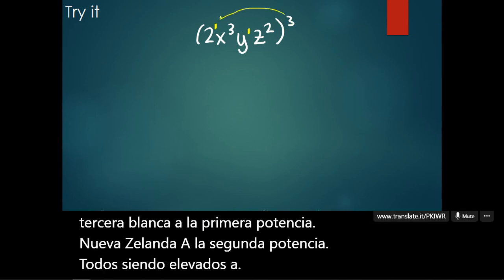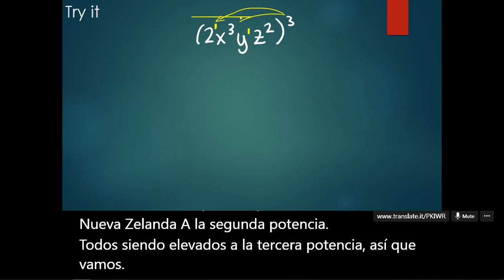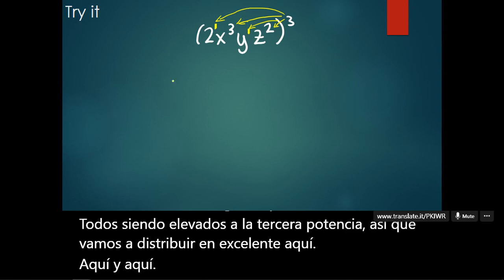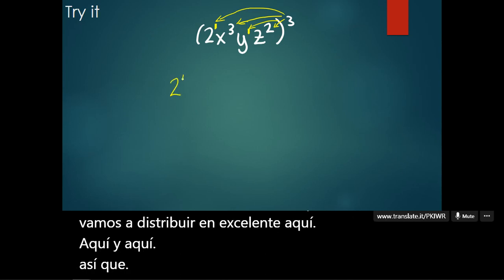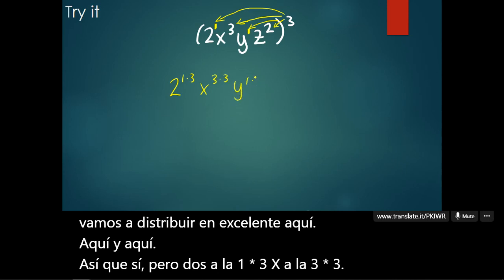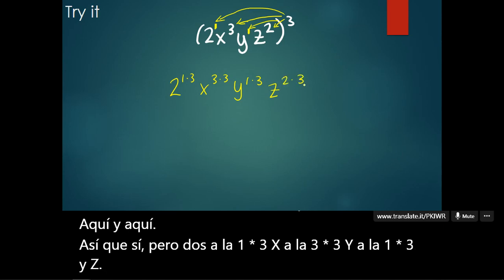So let's distribute that exponent here, here, here, and here. So you have 2 to the 1 times 3, x to the 3 times 3, y to the 1 times 3, and z to the 2 times 3.